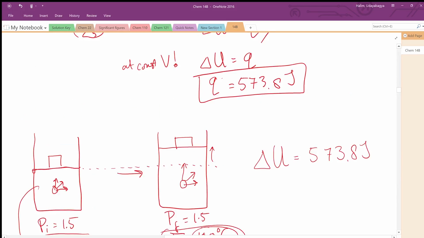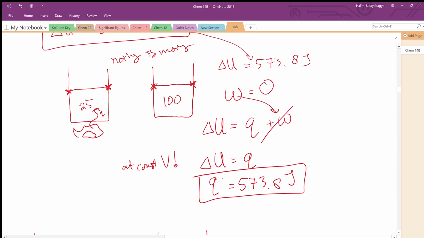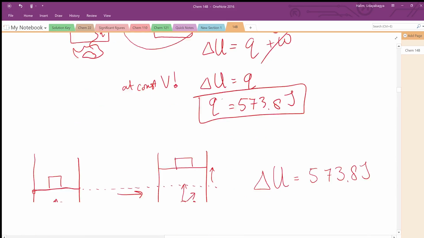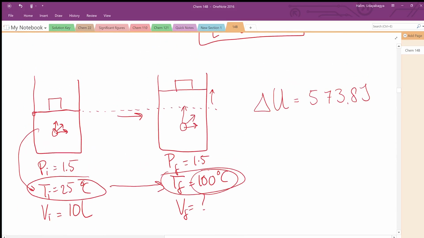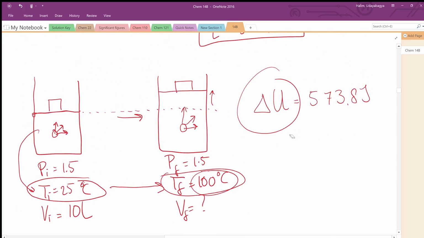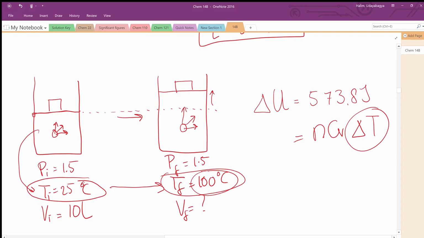So the delta U, whether at a constant volume or a constant pressure, is the same, because what we're interested in is the change in temperature. The molecule is not smart enough to know whether it's moving at a constant pressure or volume. It just knows it moves faster now. And as long as the temperature is the same, they have the same amount of internal energy.